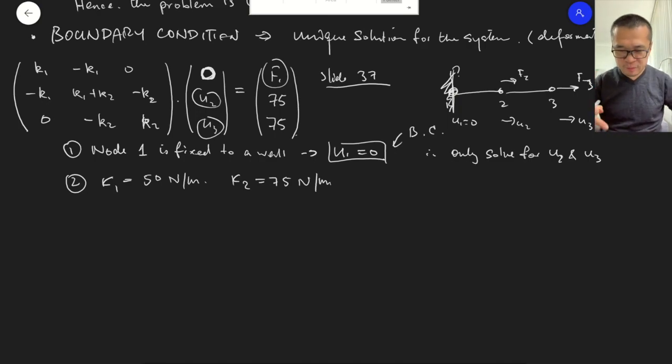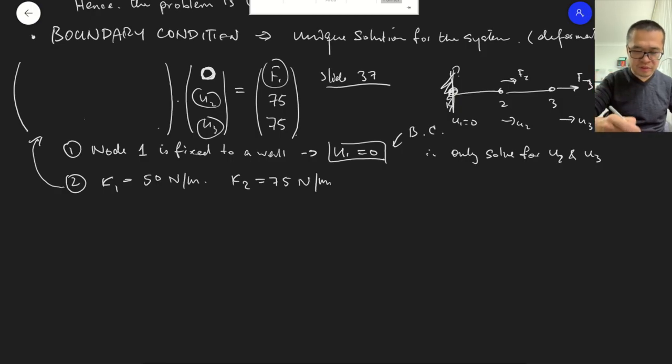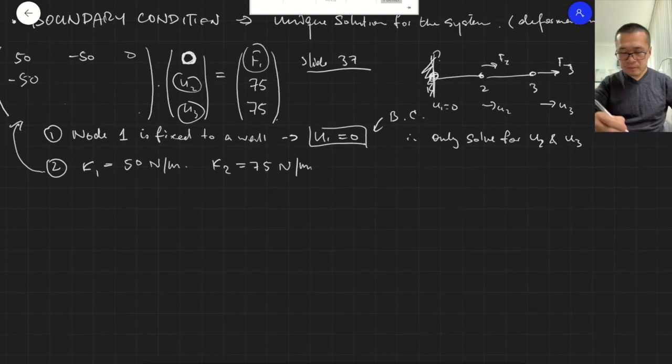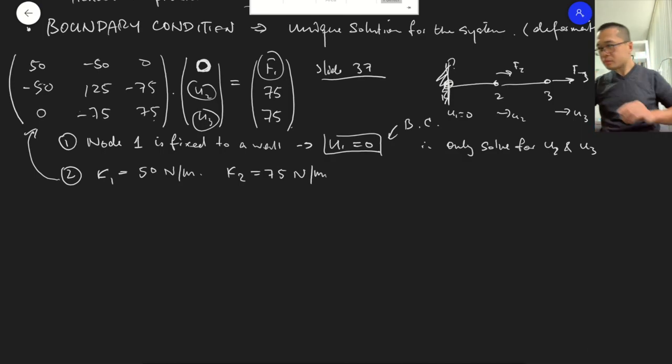Now in that case, we can plug these values into these equations, and the matrix will have values which now look like 50, minus 50, 0, minus 50, 125, 75, 0, 75, and 75, right?